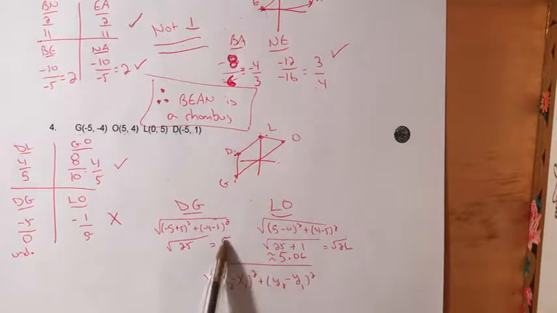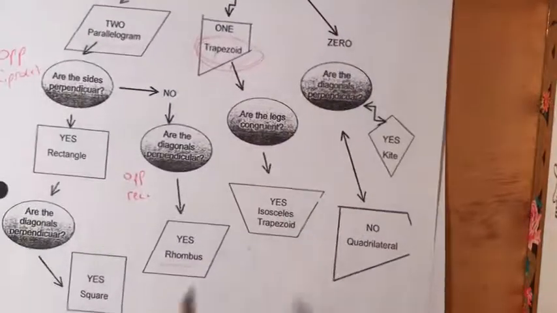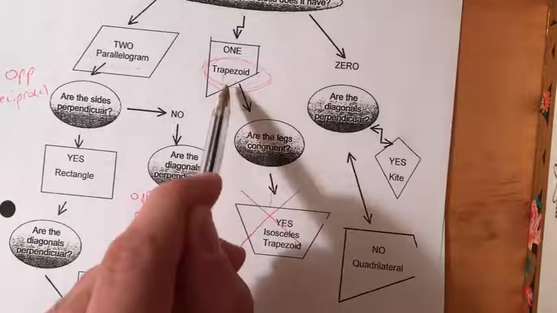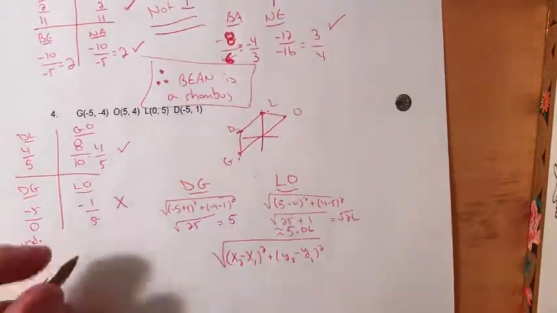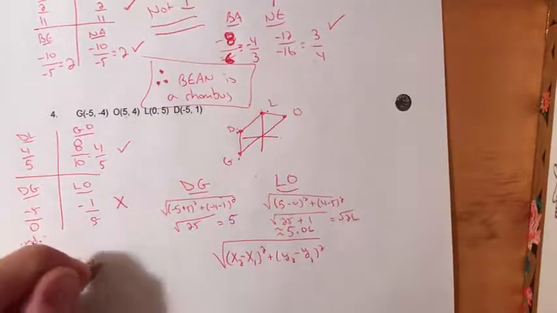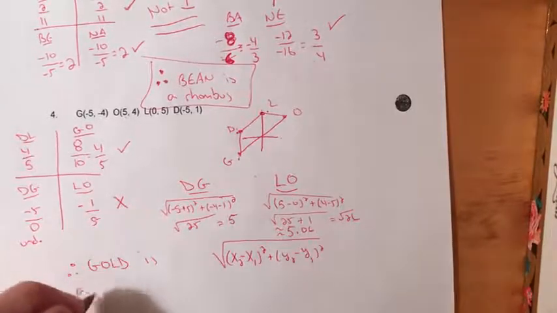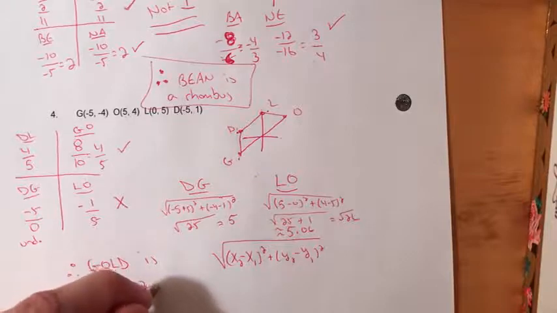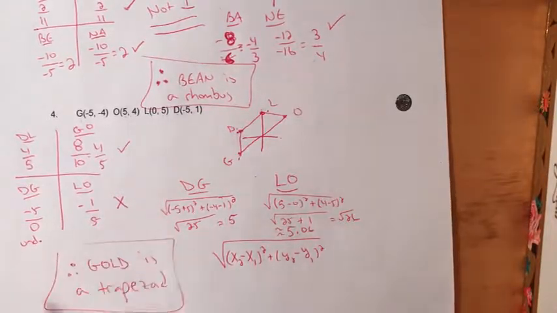So even though they're super close, they're not the exact same number. Since we can't answer yes to this, we go back to the last thing we knew, which was trapezoid. So we can say, therefore, GOLD is a trapezoid. I don't know if that's spelled right, but we'll say it is.